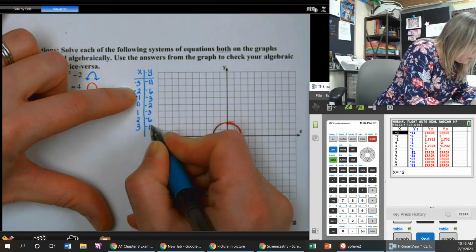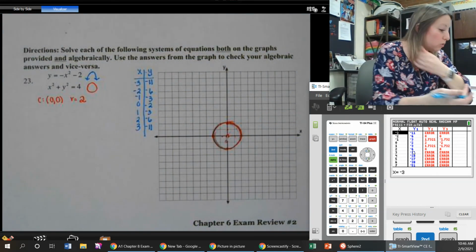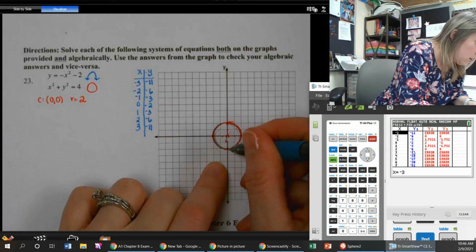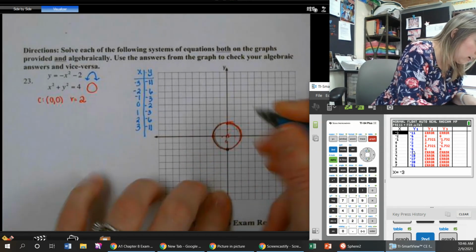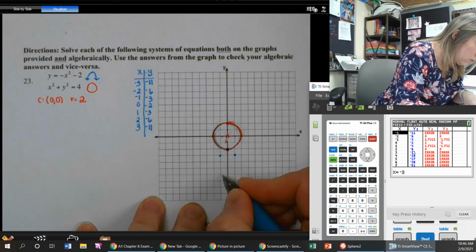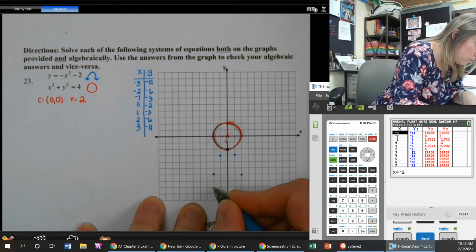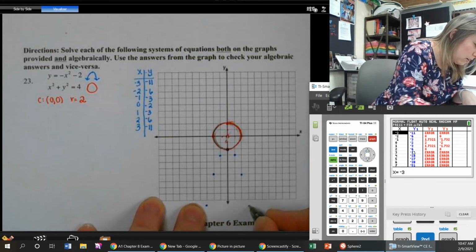Again, no real roots to speak of, right? There's no y changing value because there's no crossing the x-axis. So this is my vertex right here. Point on each side, and then 1, 2, 3, point on each side, and 1, 2, 3, 4, 5, point on each side. And that's it.